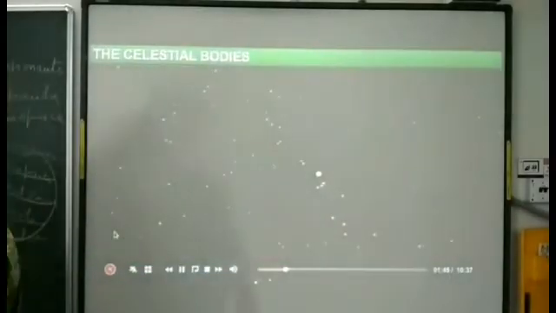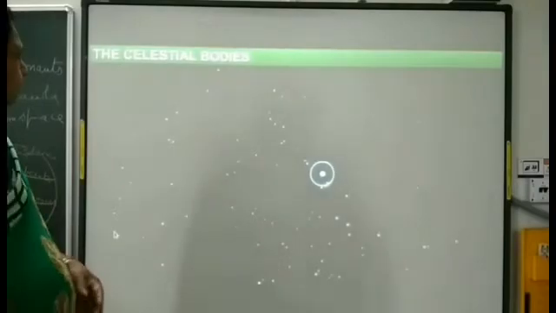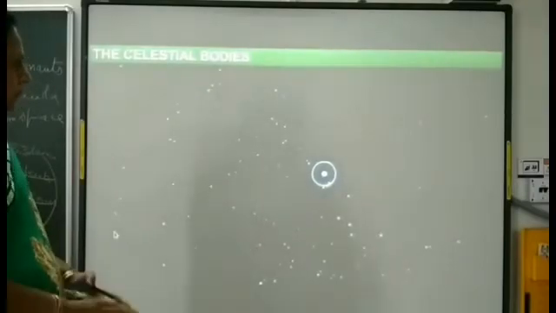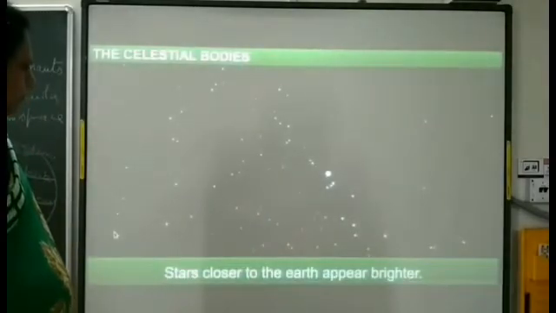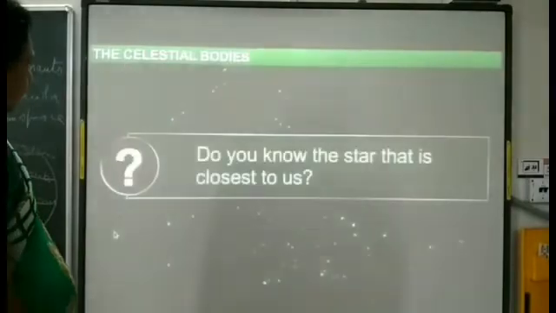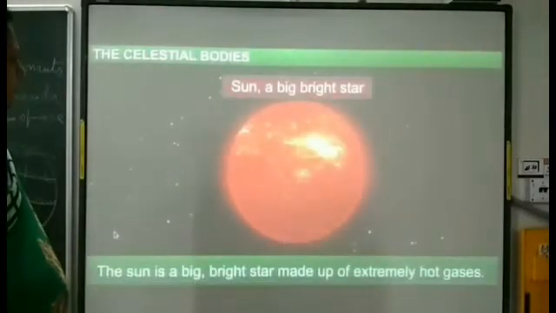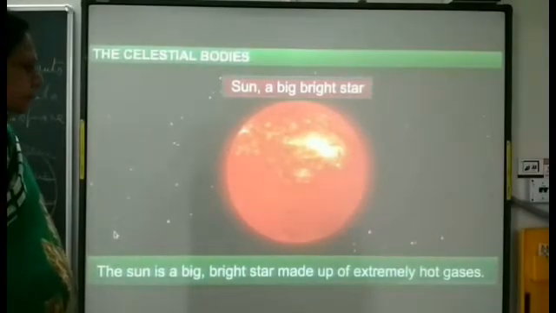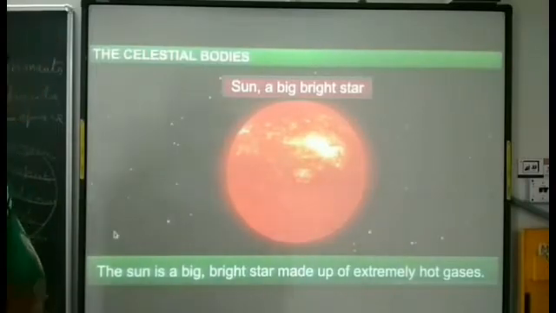On observing closely, we can see that some stars are brighter than the others. It's probably because these stars are closer to the Earth. Do you know the star that is closest to us? The Sun. Yes, it is a very, very big and bright star made up of extremely hot gases.